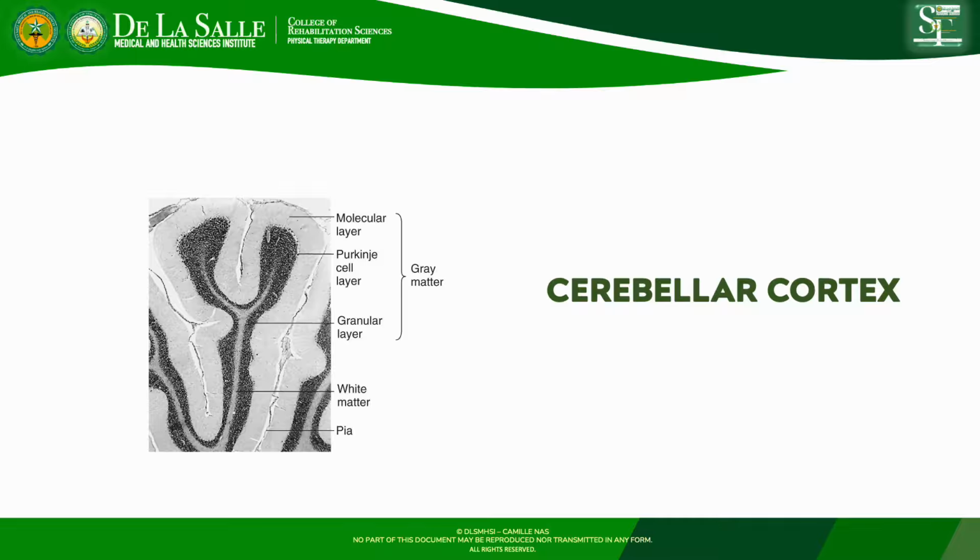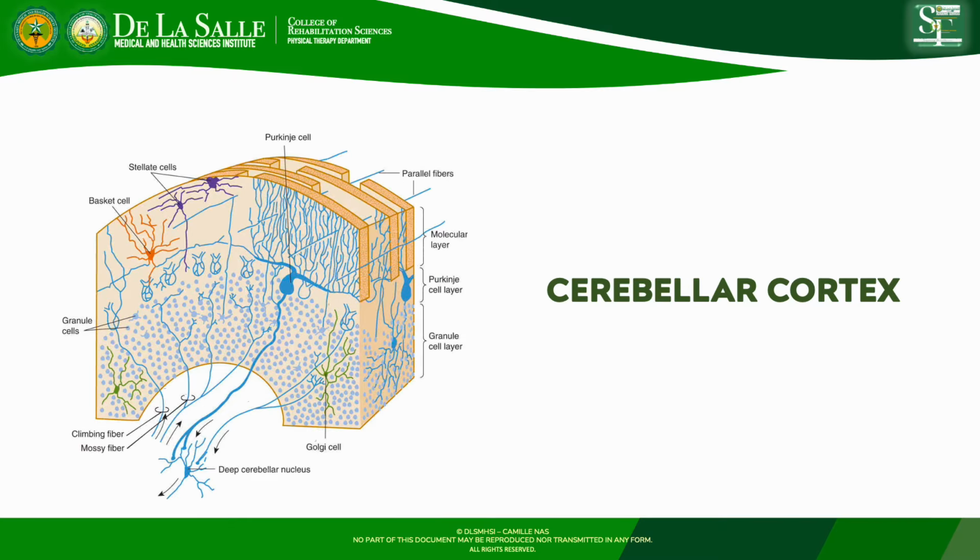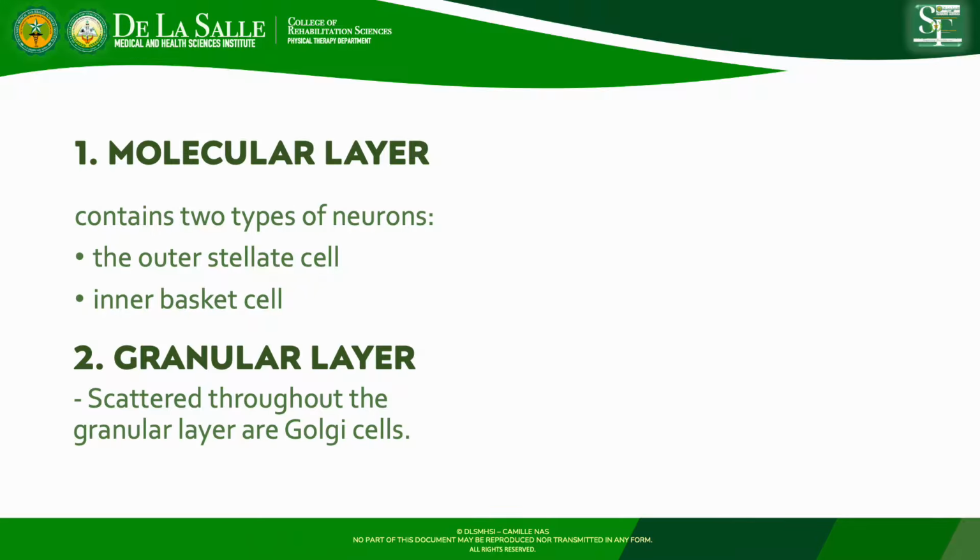So let's talk about the cerebellar cortex. Again, this is the gray matter of the cerebellum. In the cortex, there are different layers, and we'll discuss them one by one. We have the molecular layer, the Purkinje cell layer, and the granule cell layer. The molecular layer contains two types of neurons, the outer stellate cell and the inner basket cell.